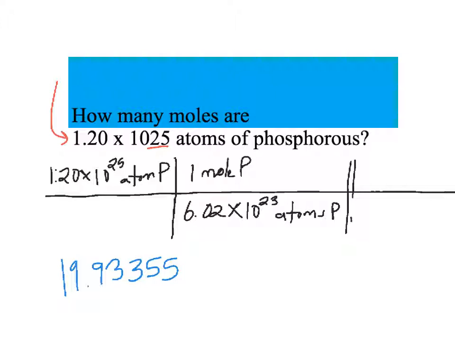We didn't measure it ourselves, but we take significant digits based upon measurements. With this measurement, I have 3 sig figs. There's a trailing 0, which is significant if there's a decimal point. So in my answer, I need 1, 2, 3 sig figs. That 3 will not round that 9, so my final answer is 19.9, and I'm going to label it as moles of phosphorus.